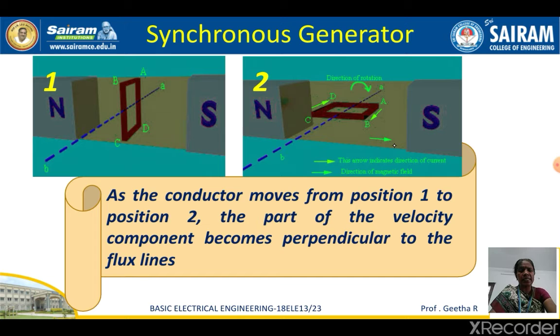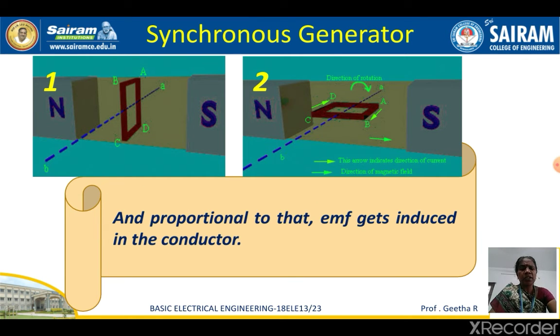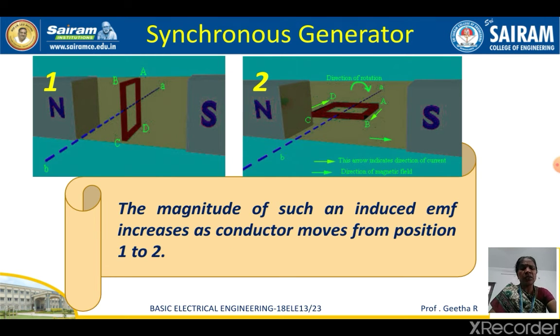How fast it cuts, or what portion of the flux it cuts, determines the EMF induced, and proportional to that, EMF gets induced in the conductor. The magnitude of such an induced EMF increases as the conductor moves from position 1 to 2.